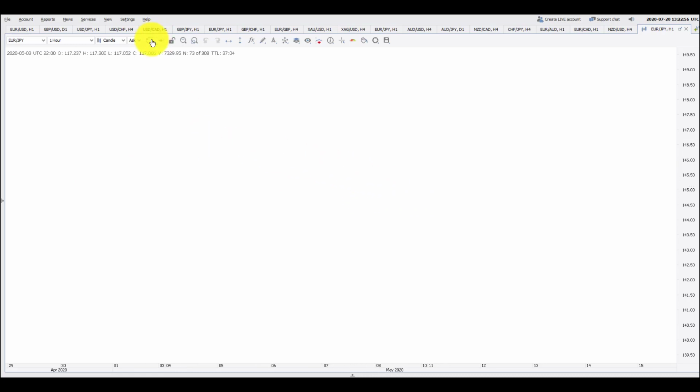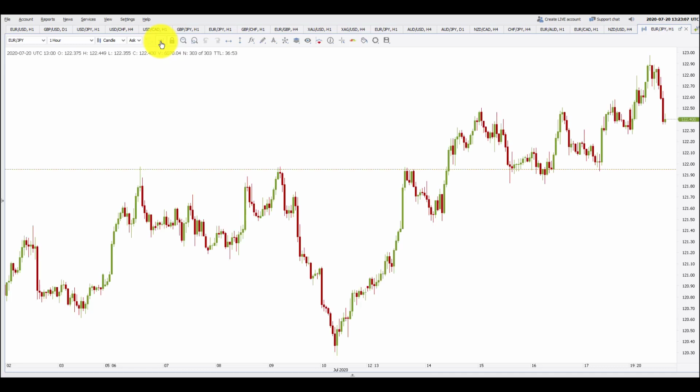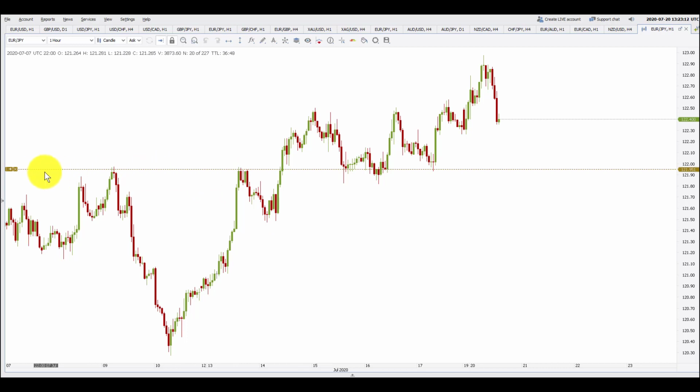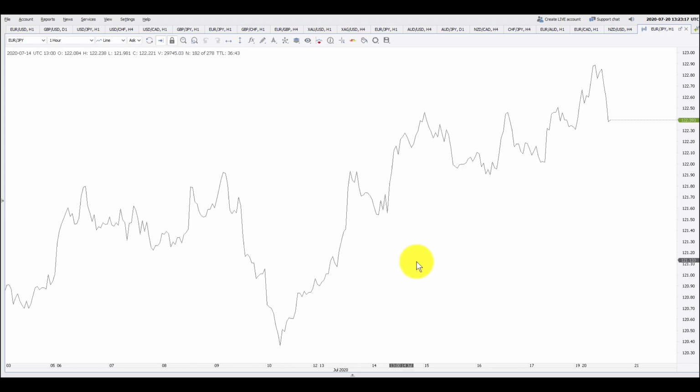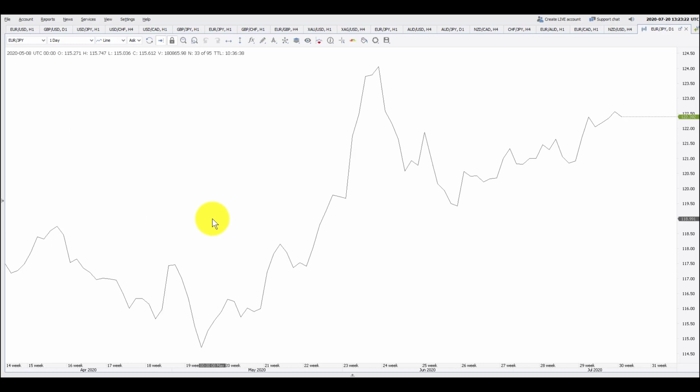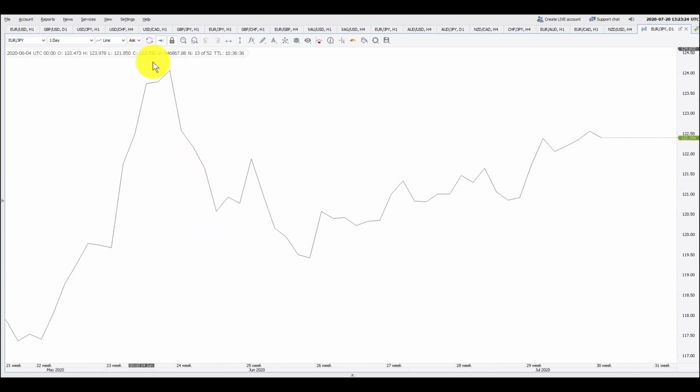Now on your screen this is the EUR/JPY chart. This is a candlestick chart. If I change it into daily, then you will see that on the 7th of June, the price closed at this level.